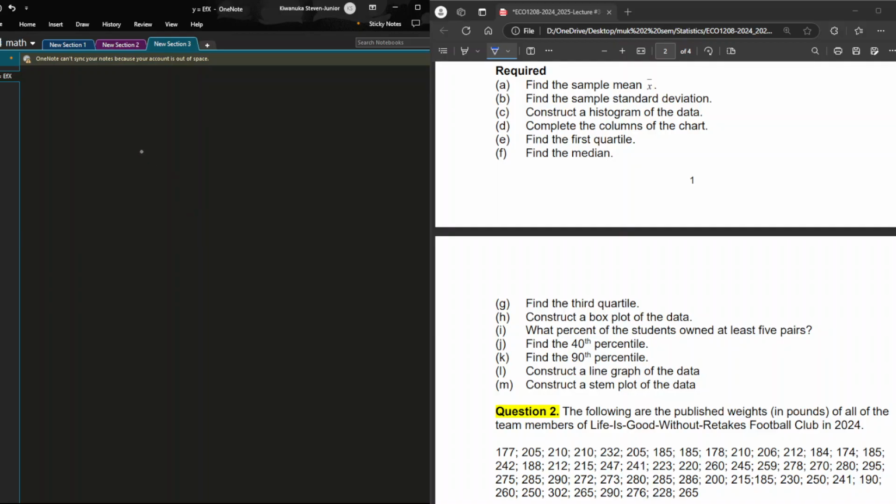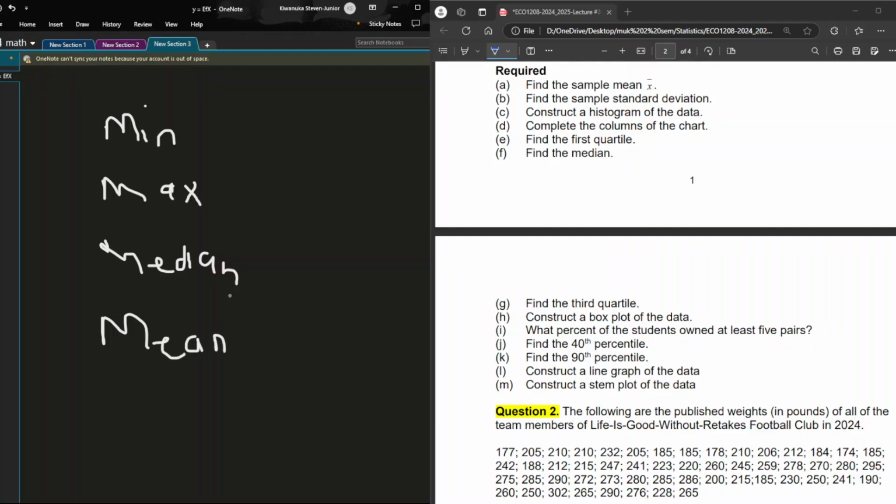The prerequisites are, we need to find out what is the mean, then establish the max, acquaint yourself with figures of the median, and the mean. However, sometimes if they have not asked the mean, you don't include it there. But it is also important for us to know where all these go.